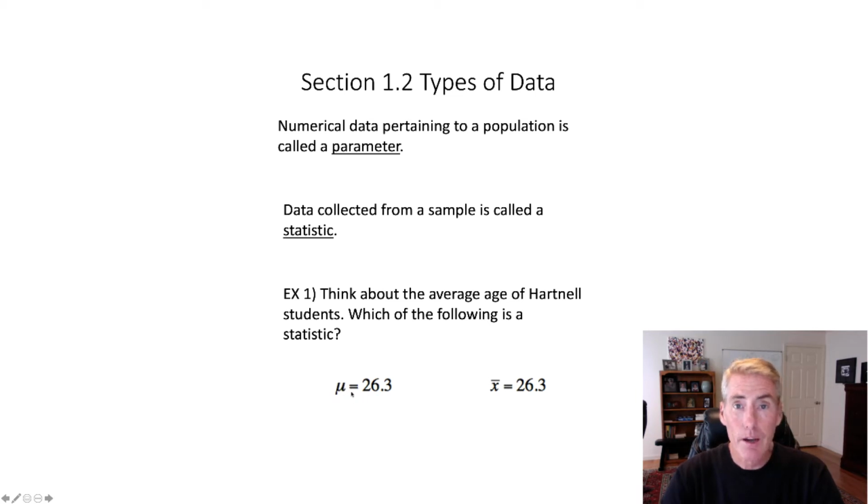So out of the 13,000, 14,000 Hartnell College students, the average age would be 26.3. This is for the population, and X bar would be a sample. If we went out and asked 50 Hartnell College students their age and found the average to be 26.3, we would be using the X bar. So the statistic is the X bar.